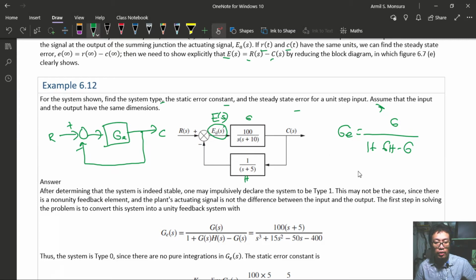So we substitute this transfer function into your formula.